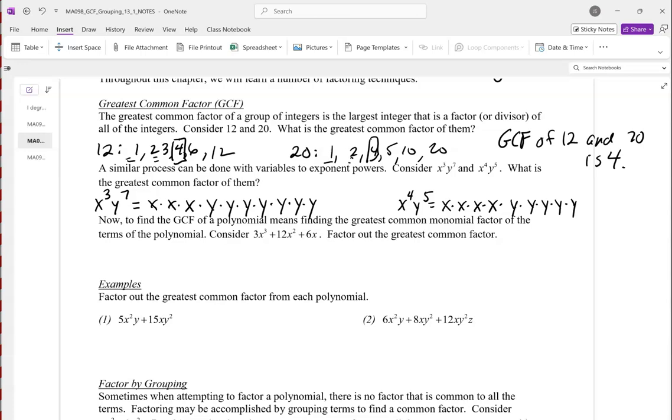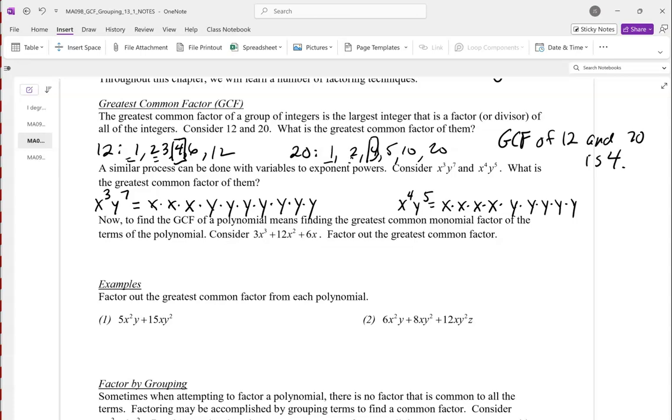So what we're trying to find when we do the greatest common factor, we're not going to do this process every time. I'm going to show you where it's coming from. Looking at both of these, we want to try to find the greatest common factor. Well, certainly both of them have an x in common, right? So x would be a common factor.